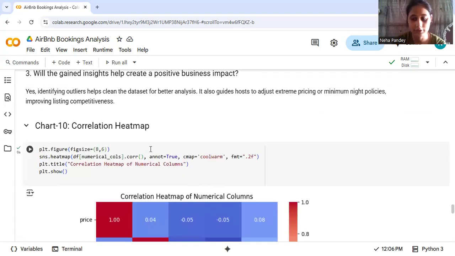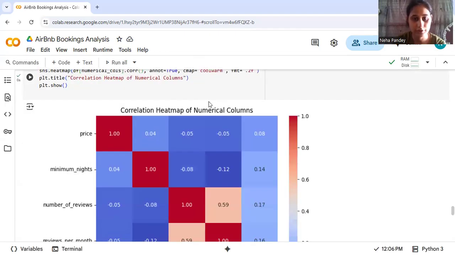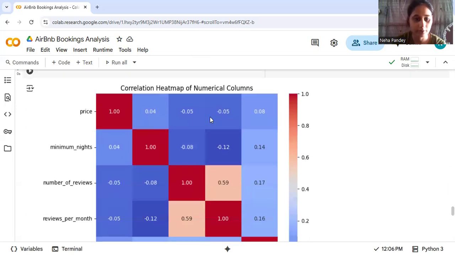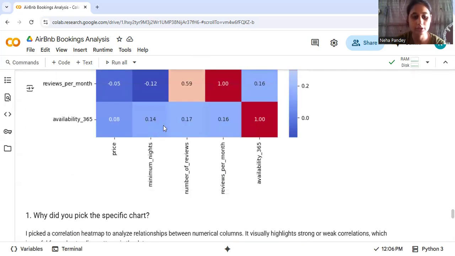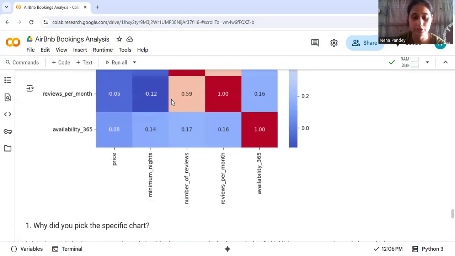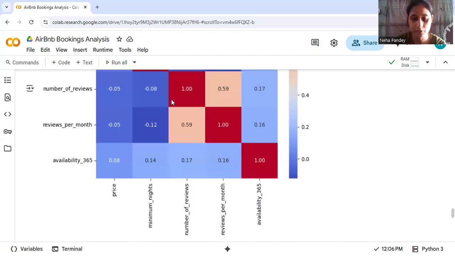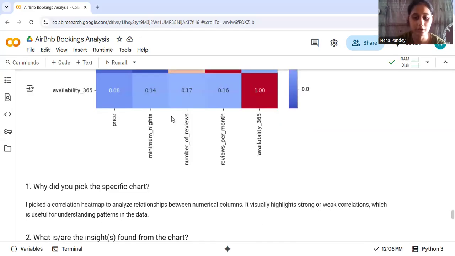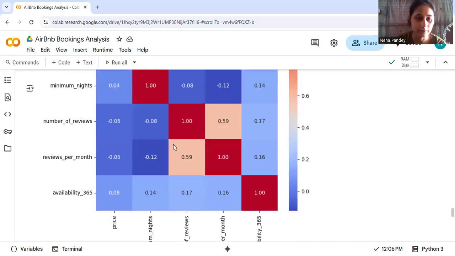Then correlation heat map. This is the syntax for the heat map chart. Correlation heat map of numerical columns. I picked a correlation heat map to analyze the relationship between numerical columns. It visually highlights strong or weak correlations, which is useful for understanding patterns in the data.